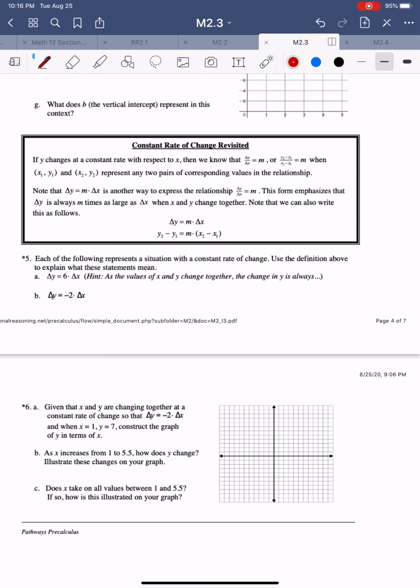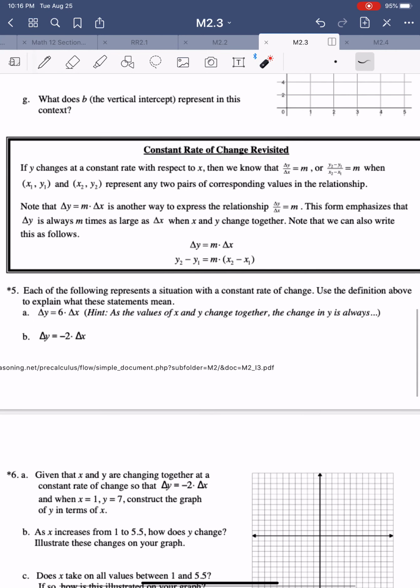So we visited constant rate of change. When you have 2 points, (x sub 1, y sub 1) and (x sub 2, y sub 2), in order to find the slope you need to subtract the 2 y's on the top and subtract the 2 x's on the bottom. The numerator is the change in y and the denominator is the change in x, and that makes the slope.